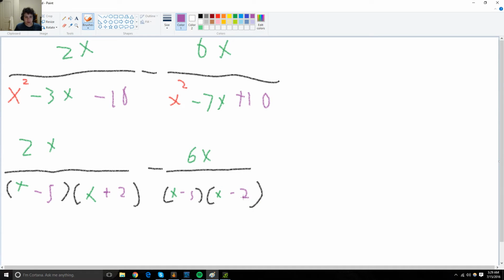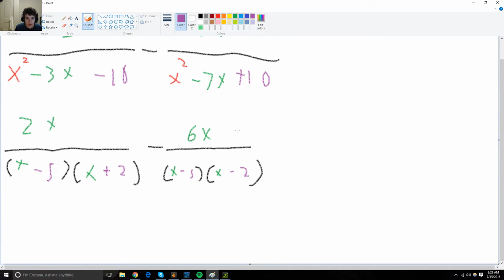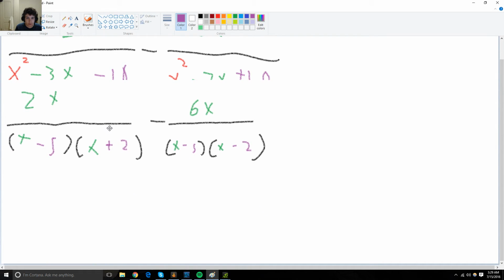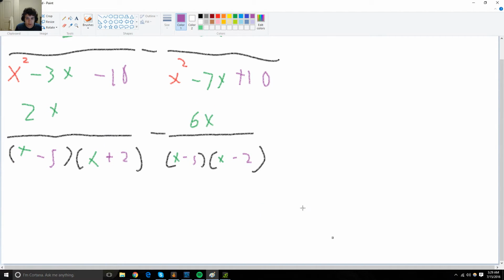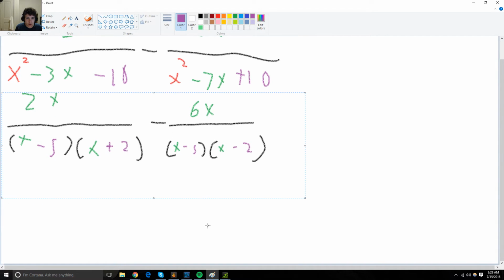Okay, so, wait, something's important here, but we'll realize that later. Let me move this up, give myself some more room. So this is just the top one, but factored. Pretty cool.